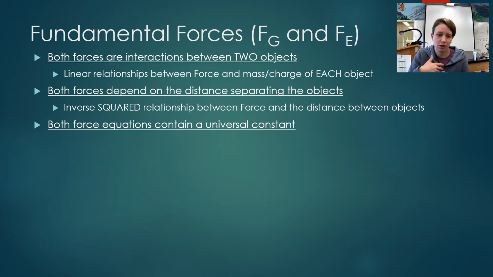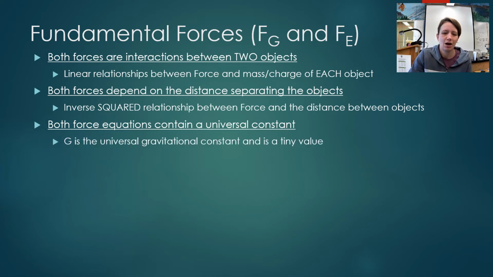Both of these force equations contain what we call a universal constant, so something that we've just measured to very high accuracy to allow us to put these units into a common form that can be used in both of these cases. So for the gravitational force, we use a big G to represent the universal gravitational constant.